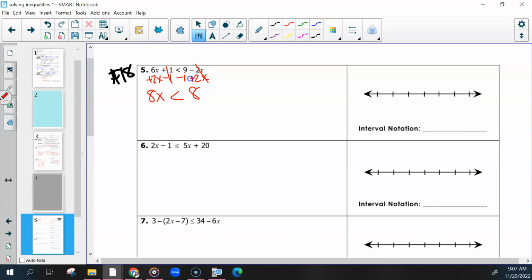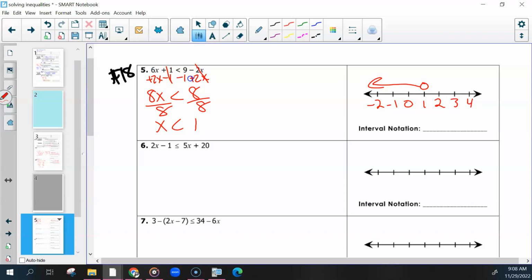If you want to do that in 2 separate steps, you're more than welcome to do that. Divide both sides by 8. So x is less than 1. Do that on your number line. So it would be an open circle going to the left.